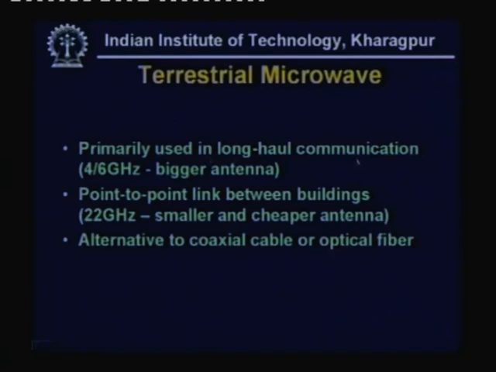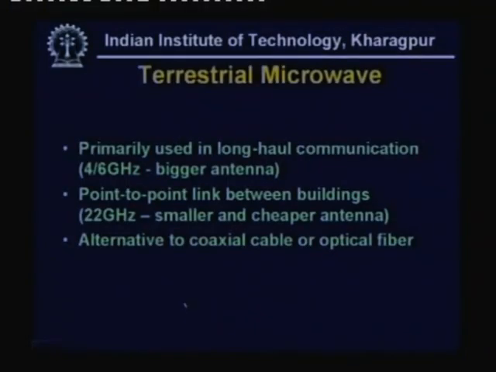Long haul communication means whenever you have to transmit a signal over a long distance, what can be done? Let us assume this is the surface of the earth. Then you can erect an antenna like this. It will transmit in this direction, then you can place another antenna here, which will receive from this.